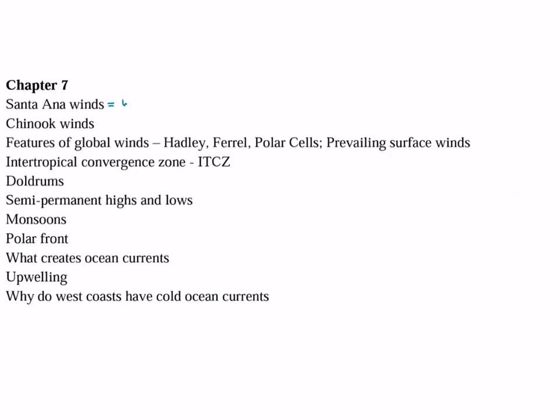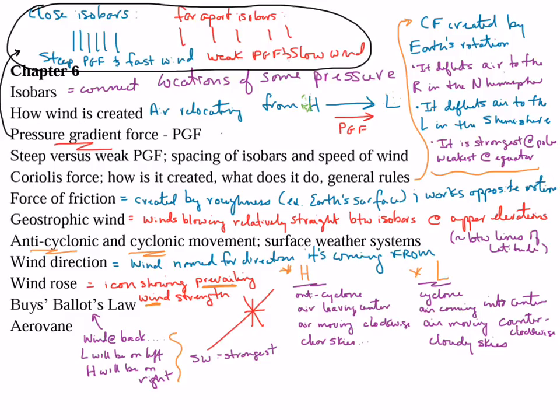And last but not least, do I have anything for aerovane? Oh, I meant to look that up. So, help me out. Is the aerovane the one that gives direction and wind speed? Yeah, sounds familiar.